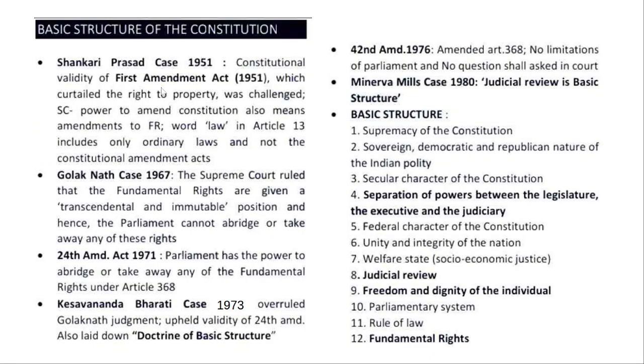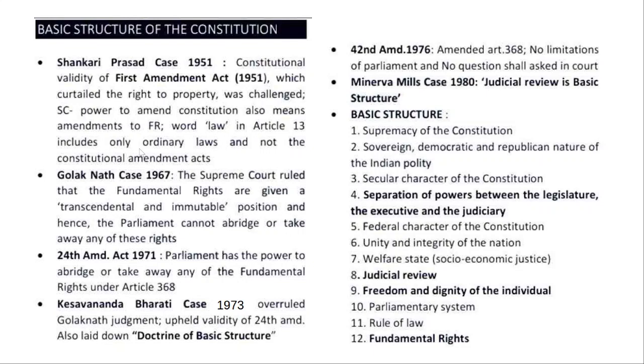The constitutional validity of the First Amendment Act was challenged, because it curtailed the right to property. All these land ceiling acts, people went to court saying that my right to property has been challenged. Then the Supreme Court said that even fundamental rights are part of the constitution. So if you can amend the constitution, then even the fundamental rights can be amended. That is the Shankari Prasad case.